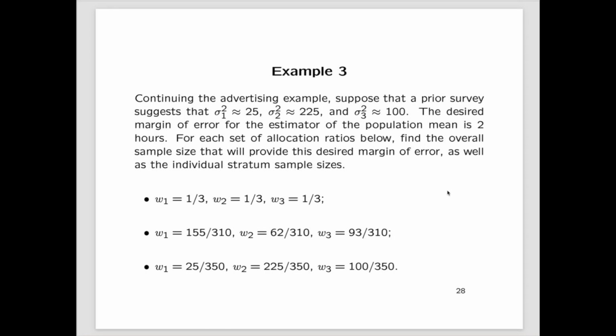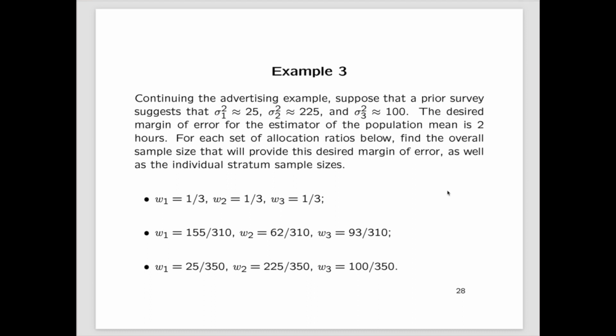The desired margin of error for the estimator of the population mean is 2 hours. So ideally we want the sample size to provide an estimator of the population mean, mu hat, whose margin of error is no more than 2 hours.